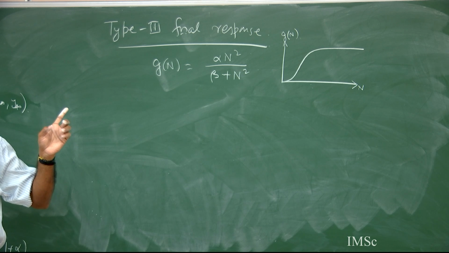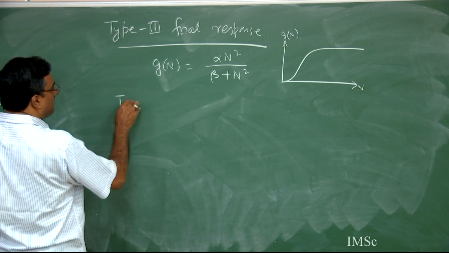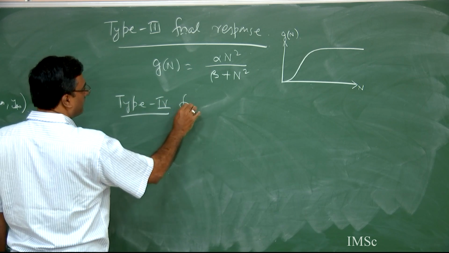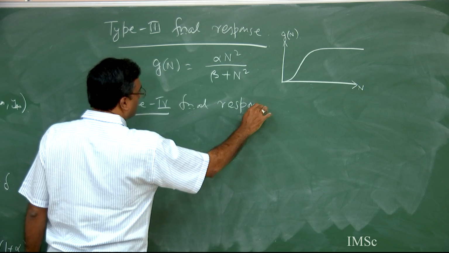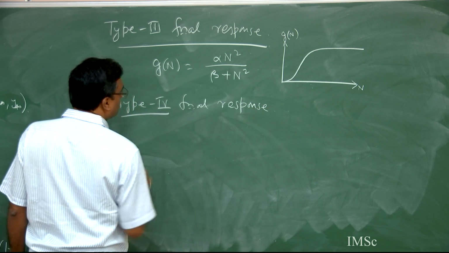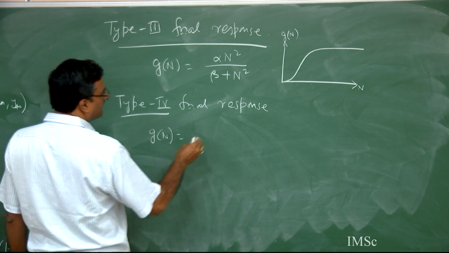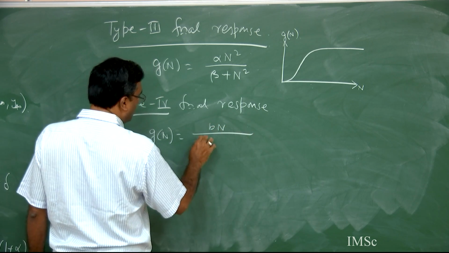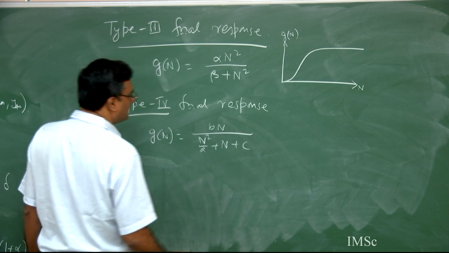There is another functional response that is sometimes called type 4 functional response, but of course there are some other types of formulations from which you can have similar kind of behavior, where type 4 functional response is of the form B n divided by n square by a plus n plus c.